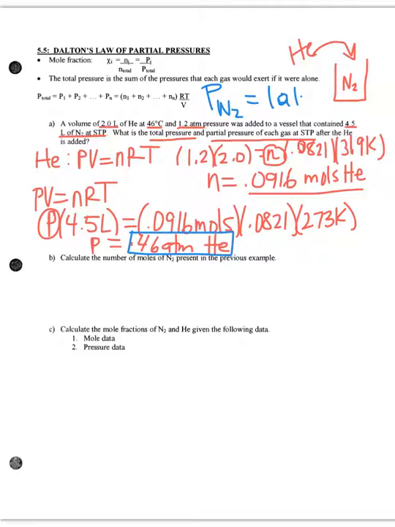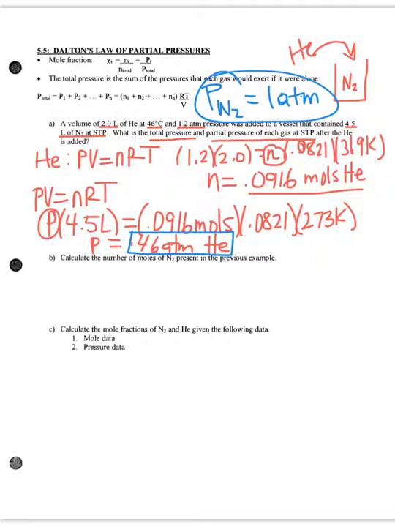So we have the pressure of nitrogen and the pressure of helium. Now we just need to find the total pressure. Remember, the total pressure is where you have each individual gas, those pressures added up together.